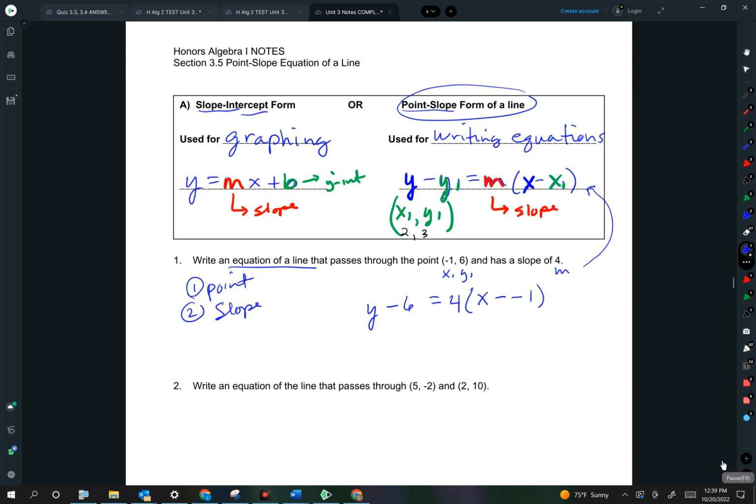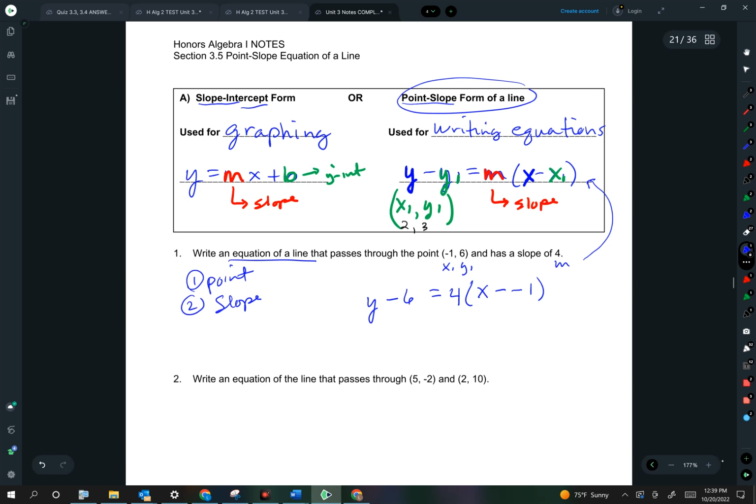Hopefully you're noticing that we can clean up that minus and negative, so I'm going to have y minus 6 equals 4 times x plus 1. Now, that is the equation of a line, and I could leave it like that, but all the lines we worked with before, didn't we put them into mx plus b form? Didn't we end up solving for y? So let's practice doing that.